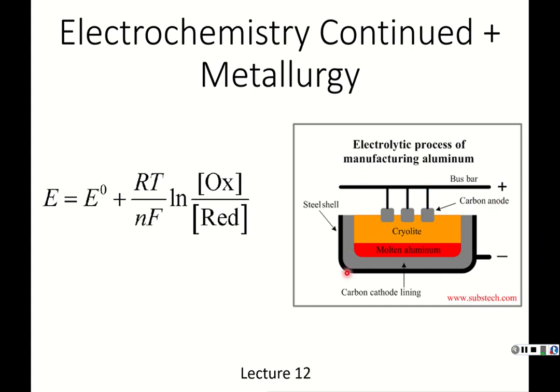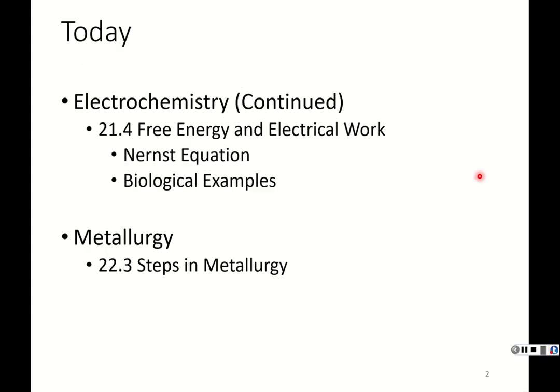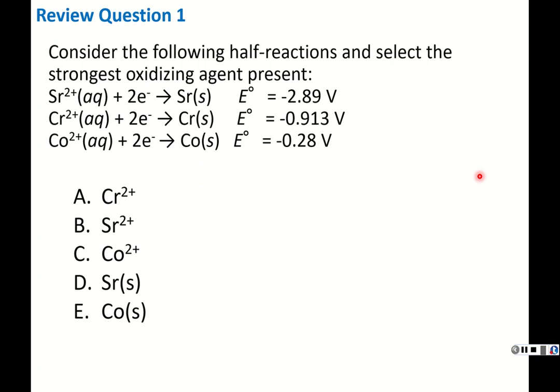The second half of the lecture will be a brief discussion on metallurgy, how metals are isolated from their mined minerals, and then how those metals are combined with other metals in the form of alloys to make useful materials. Okay, so this is coming from section 4 of chapter 21 and chapter 22, section 3.